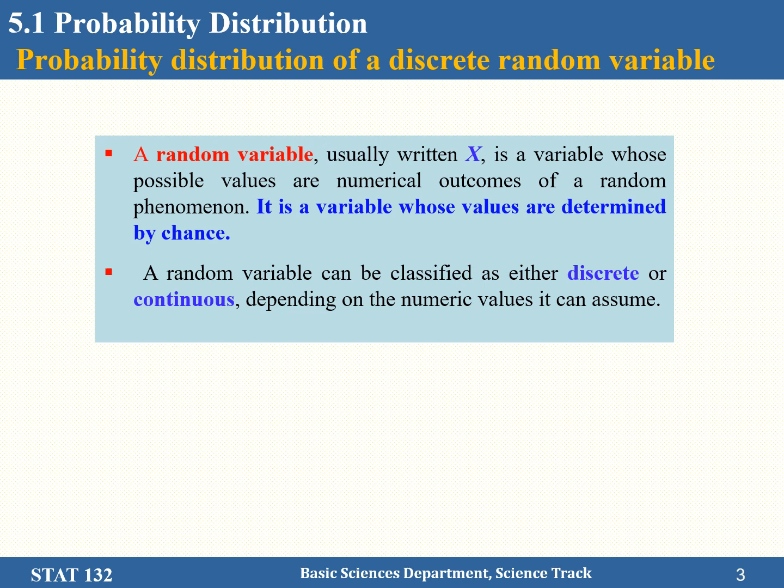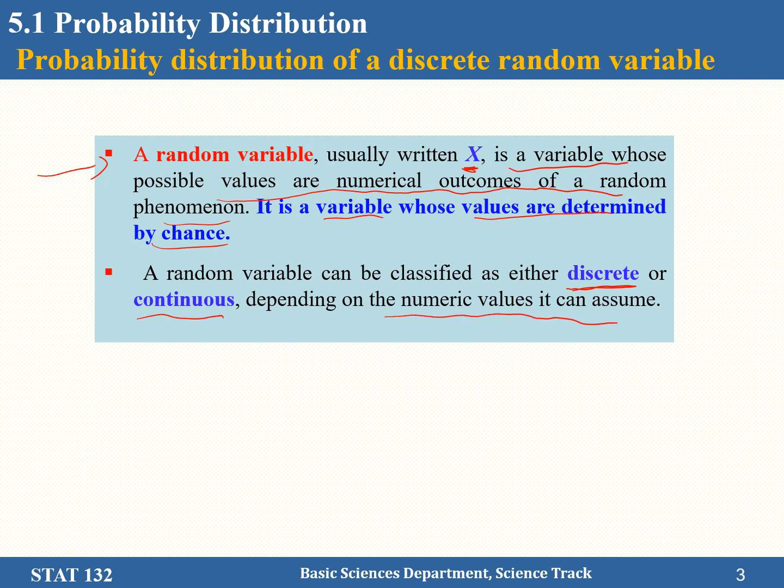Now, a random variable, usually given as capital letter X, is a variable whose possible values are numerical outcomes of a random phenomenon. So basically, it's a variable whose values are determined by chance. A random variable can be classified as either discrete or continuous, depending on the numerical values it can assume.